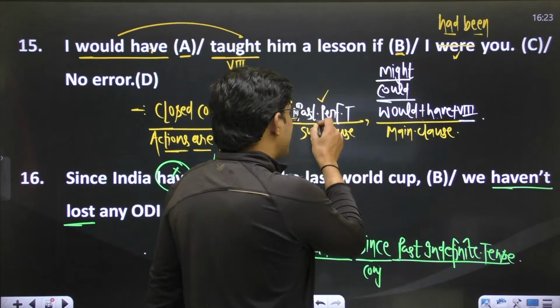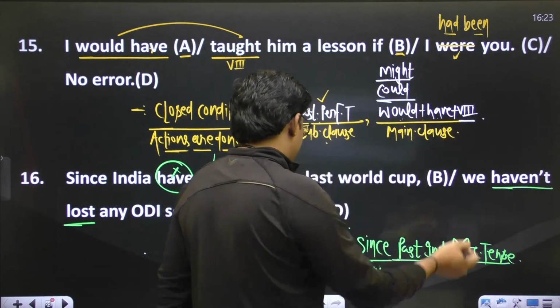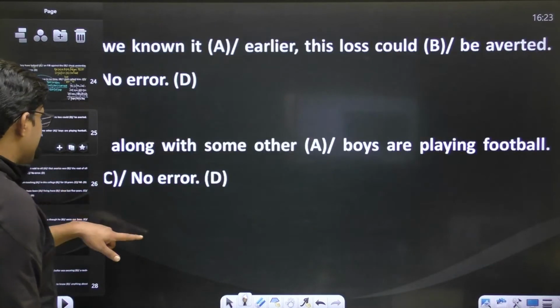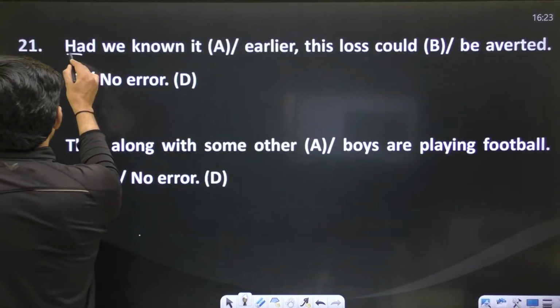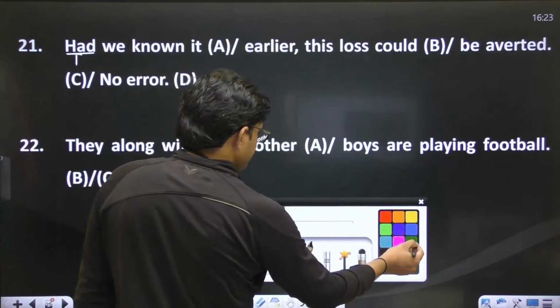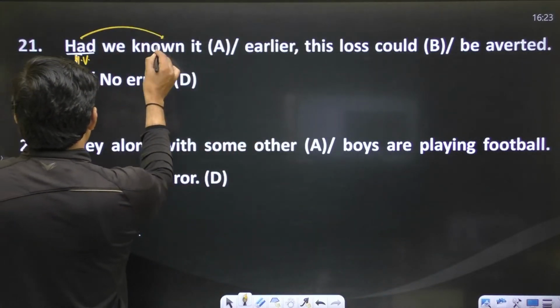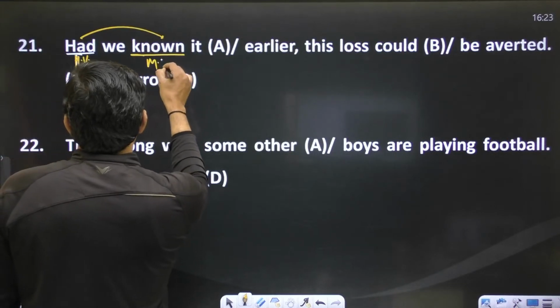If you have past perfect, after that would have plus V3 is used. If you apply it in the sentence, here we know this word had is the helping verb, and with this helping verb you have the third form of the verb, the main verb, right?